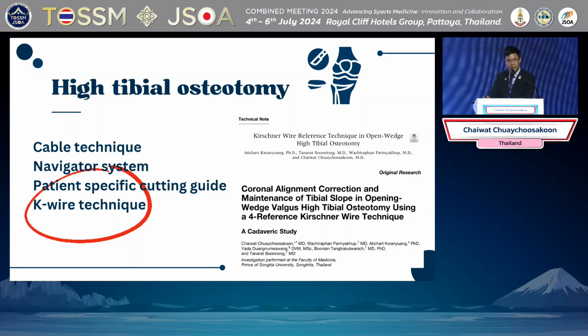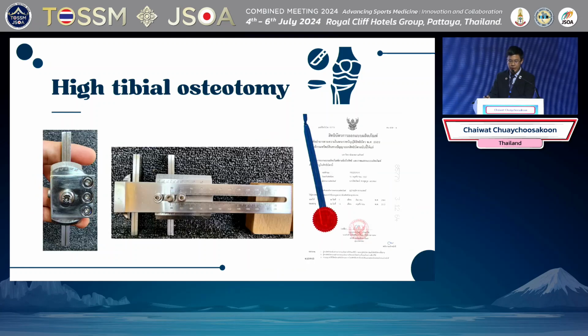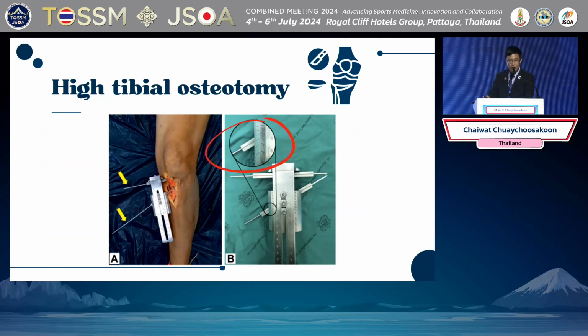Our team proposed this technique in Arthroscopy Techniques and OJSM. We invented a device that can measure the angle of the K-wires, and we have been granted the patent, and nowadays we are waiting for the patent. Today I will show you how to use this device.